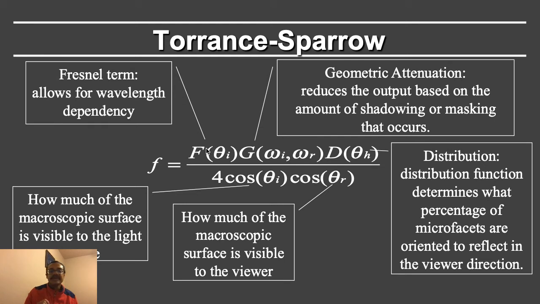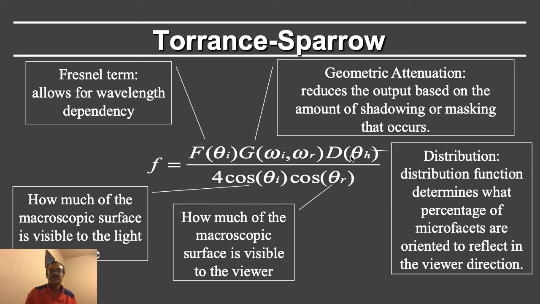The Fresnel term corresponds to a phenomenon that when you see a surface at a grazing angle, it reflects more specular light, so it behaves more like a mirror. You can test this phenomenon in the real world. There's a geometric attenuation term that corresponds to masking and shadowing of these facets.